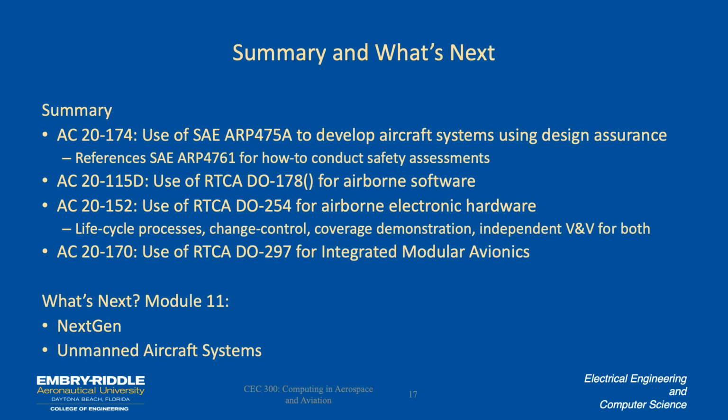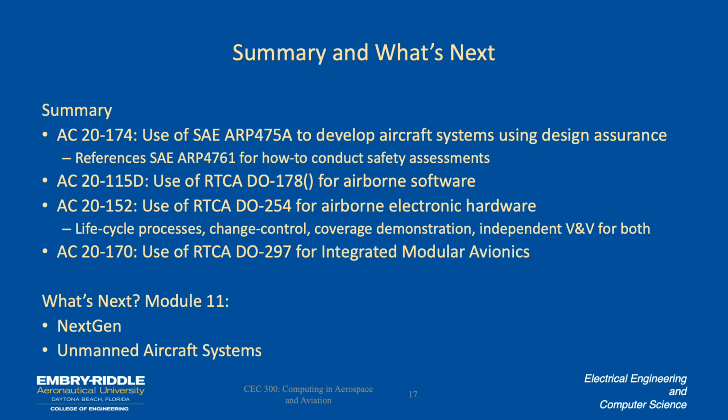So we talked about Advisory Circular 20-174, which lets you use ARP 4754, and 4754 references ARP 4761 for how to do the safety assessments. 4754 brings up the idea of design assurance and the different design assurance levels, in terms of catastrophic, hazardous, major, minor, and so on, giving those A, B, C, D, E names.